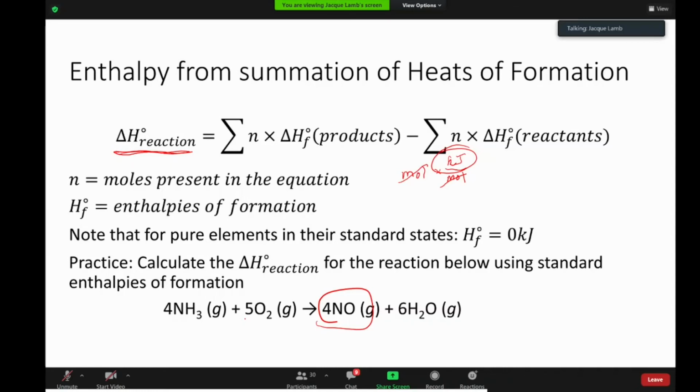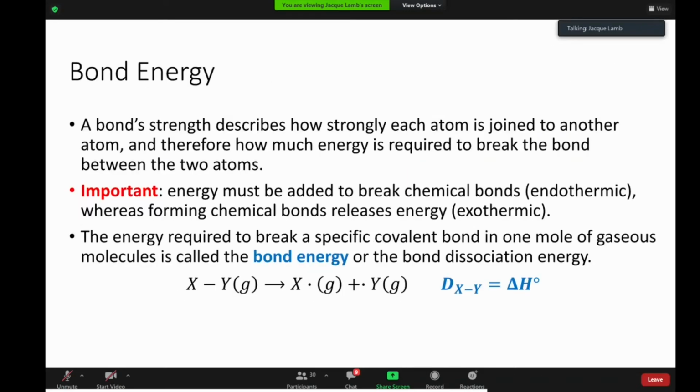Okay, so bond energy is another way of calculating heat of reaction or enthalpy changes. Bond strength describes how strongly each atom is joined to another atom and therefore how much energy is required to break that bond. It always requires energy to break a bond.